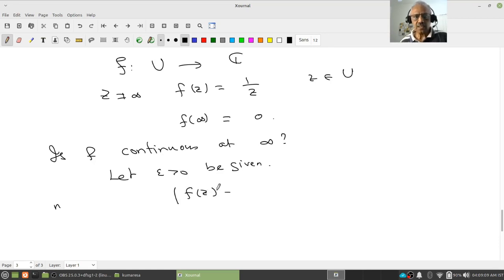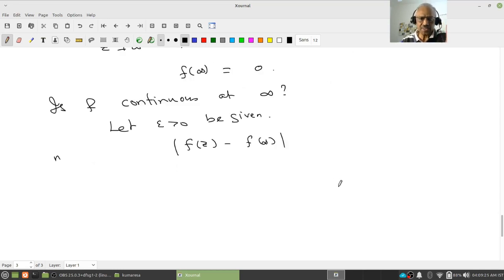If you have gone through my videos on analysis, continuity, etc., I will not worry about delta immediately. I will simply say what I want to estimate: |f(z) - f(infinity)|, which I want to show is less than epsilon whenever z satisfies some condition. If z equals infinity, there it is 0, so I do not worry about it. So let me assume z is not equal to infinity. Then f of z is 1 by z, minus 0. I want this to be less than epsilon. That means 1 by mod z should be less than epsilon.